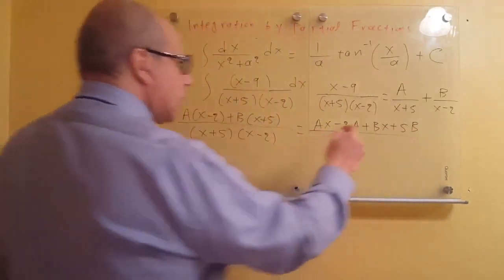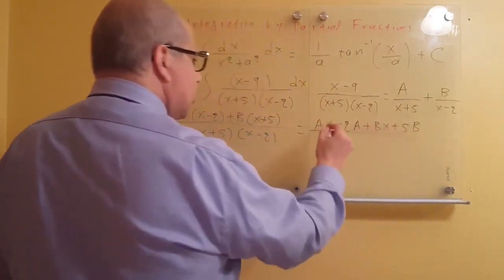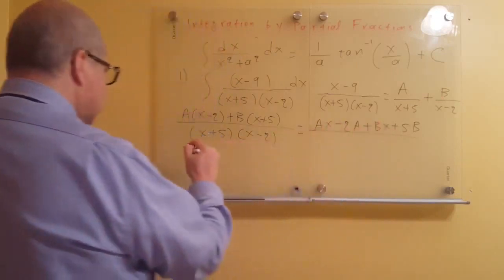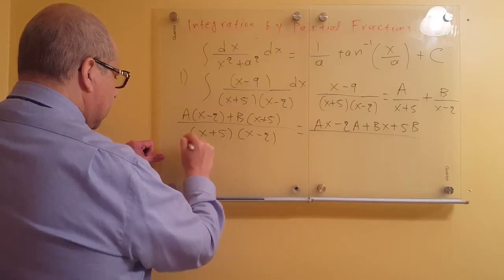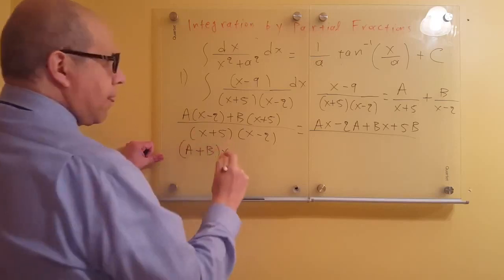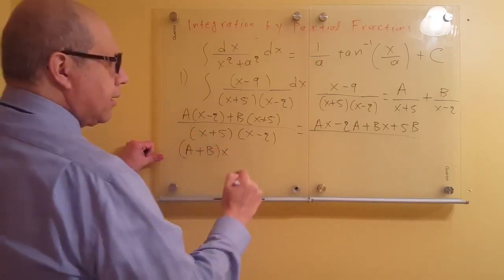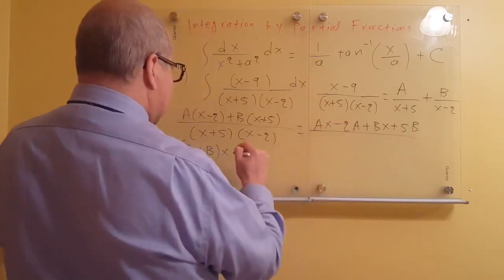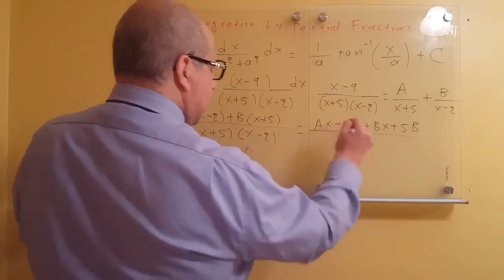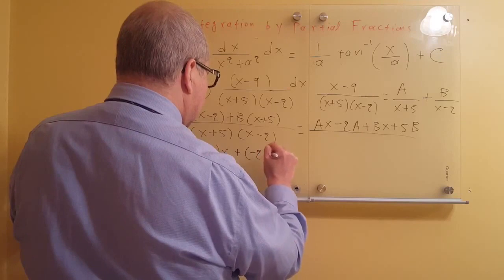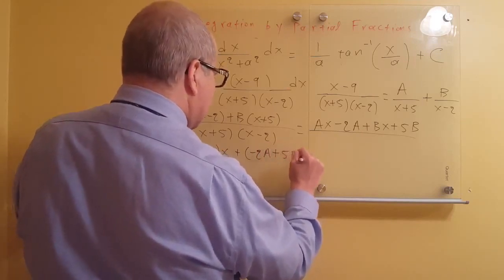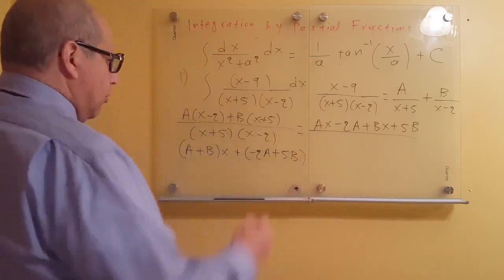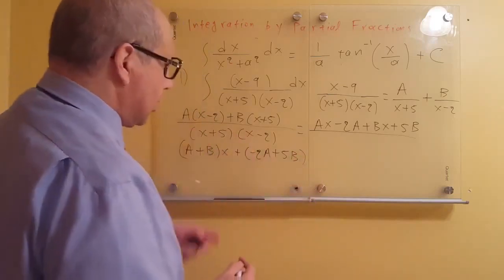Now if you group this, we have ax plus bx, so we can write it as a plus b times x, and here we have minus 2a plus 5b. The denominator always stays the same.